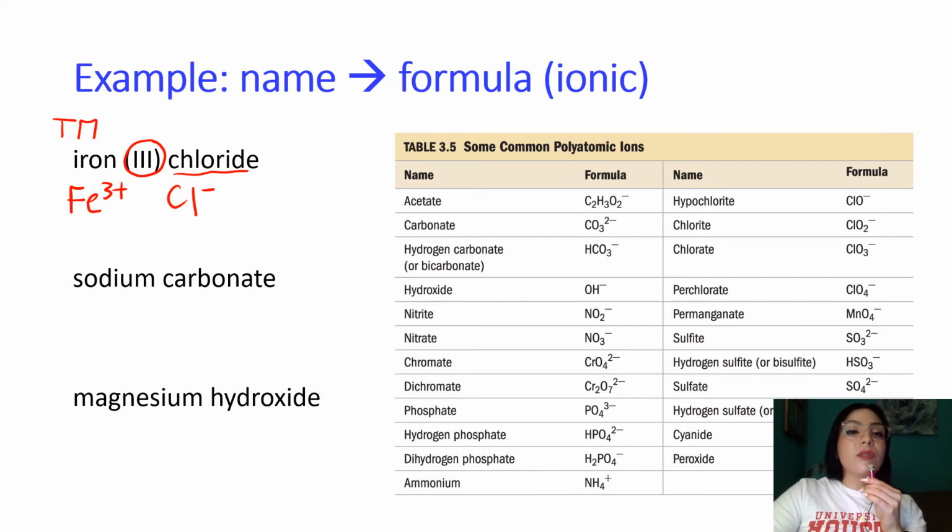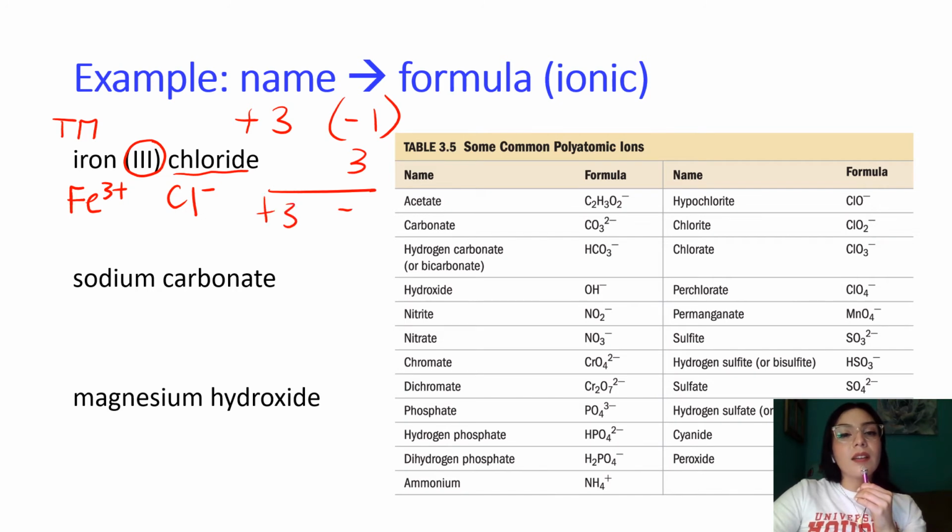In order to find out what the formula for this is, you need to find out how many you need of each of these in order to cancel each other out electrically. So if you have +3 on one side and you have -1 on the other side, you're going to need to multiply this times 3. Right? So now we have +3 on one side, -3 on the other side. They cancel each other out.